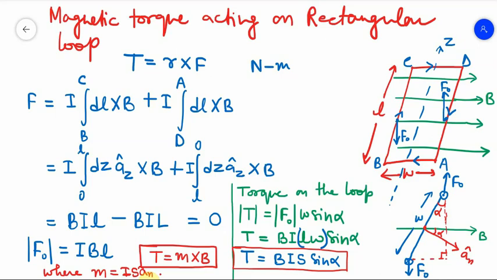This M is called the magnetic dipole moment, measured in ampere meter square, and this AN is the unit vector normal to the plane of the loop. As you can see, this AN is directed normal to the plane of the loop and perpendicular to it.